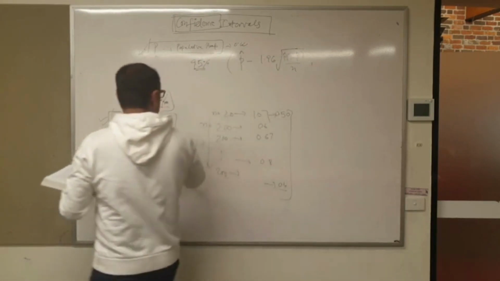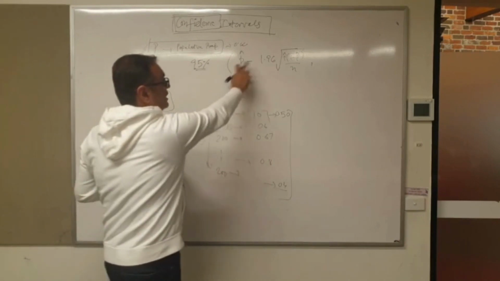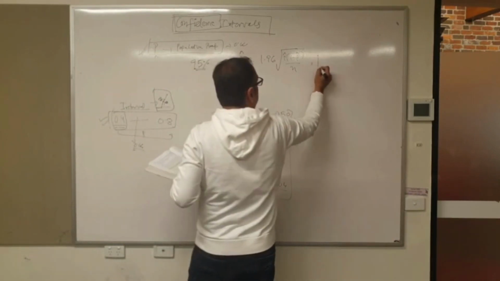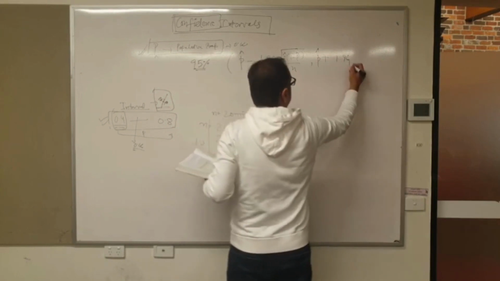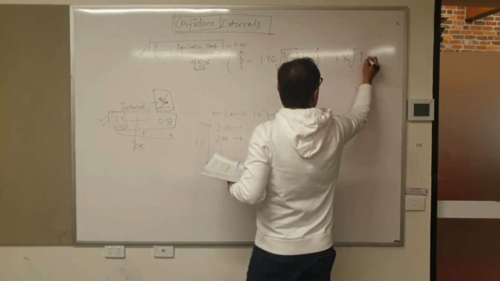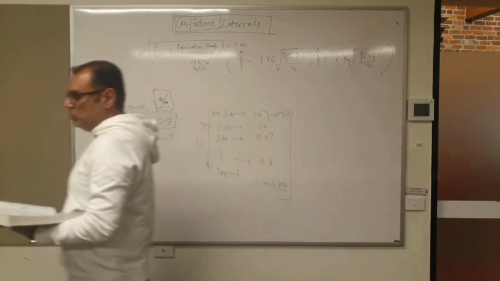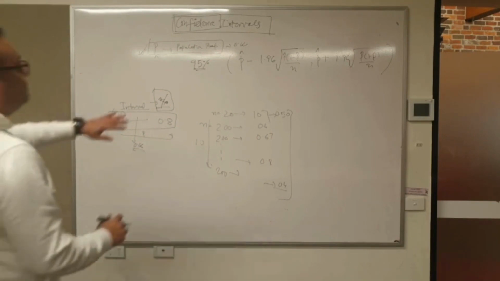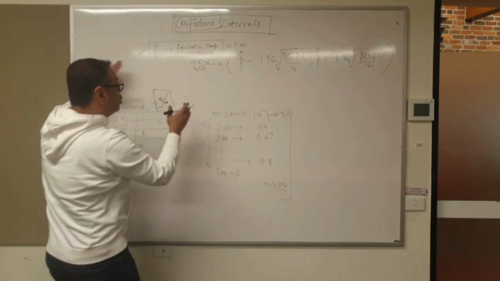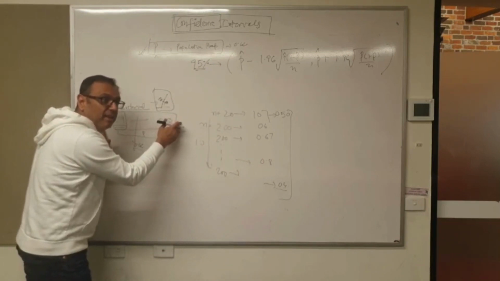comma. Now let's talk about the upper bound. Same story with a plus: P hat plus 1.96 square root of P hat times 1 minus P hat over n. So that is the 95% confidence. This formula gives me a 95% confidence interval.